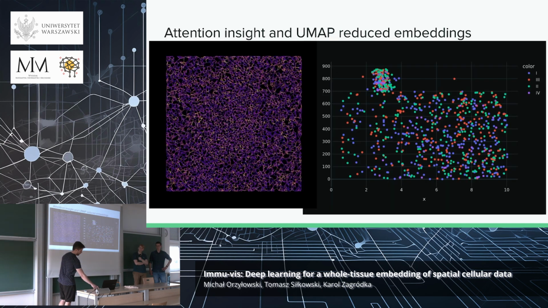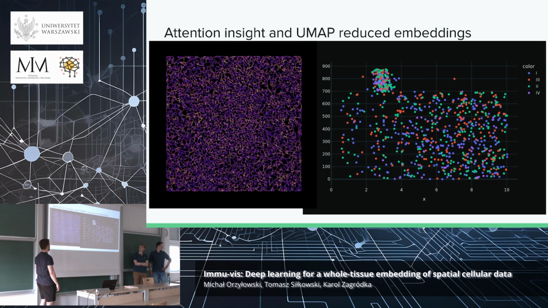And another cool fact with attention is that we can do attention rollout and see which edges were used the most. So the brighter the edge, the more attention it passed.